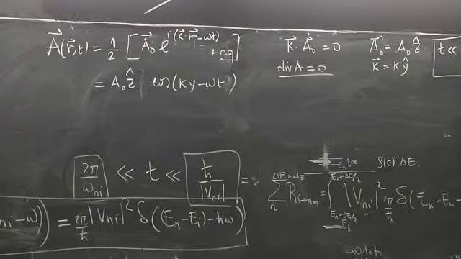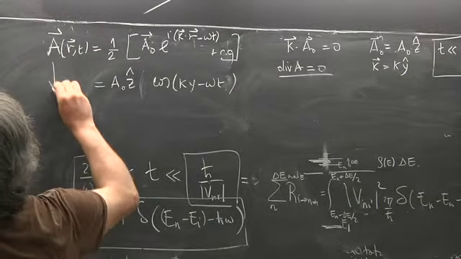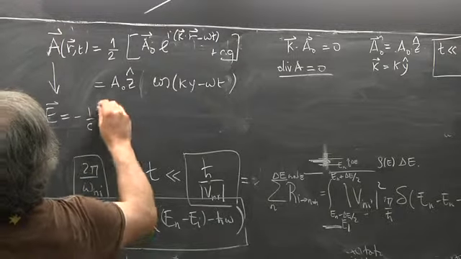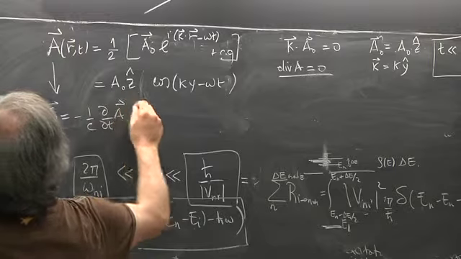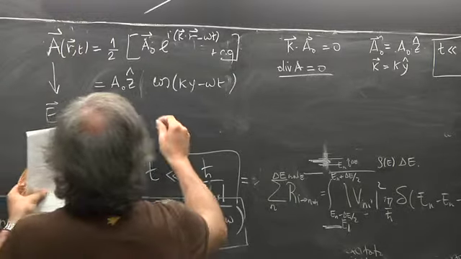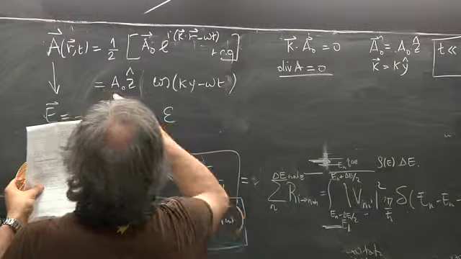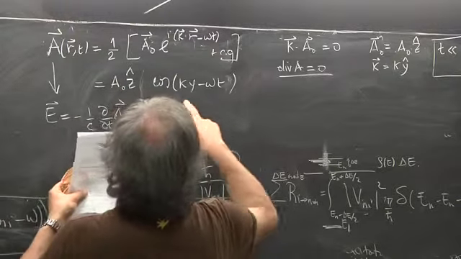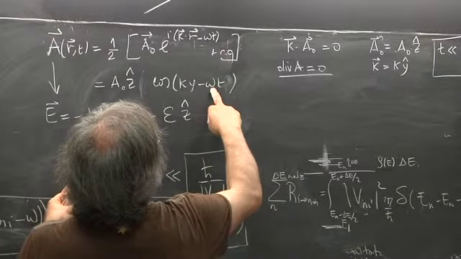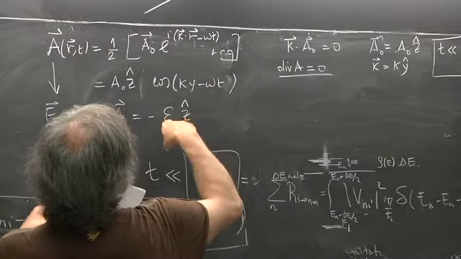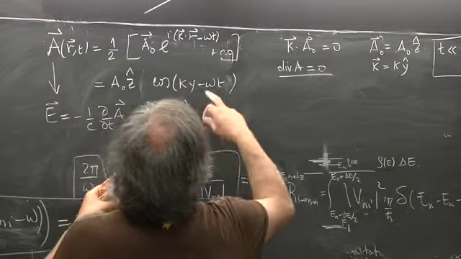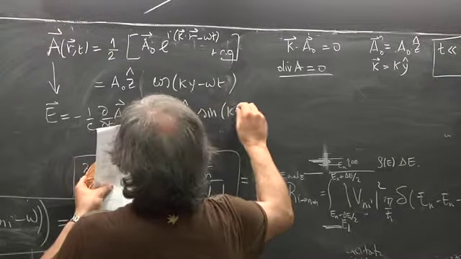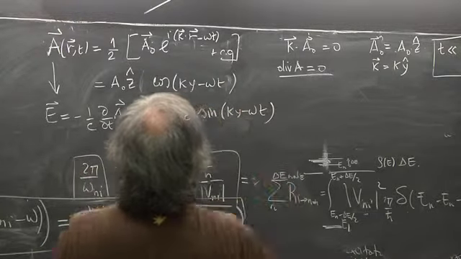Okay? Good. So what is the electric field? Well, the electric field, you know, is minus 1 over c, the derivative of A. Okay? Calculate immediately, you have minus some quantity which is related to A0 and c, still along z, and this time you have to take a derivative. Oh, there is also an omega, obviously, occurring there. But taking the derivative of the cosine gives you the sine of ky minus omega t.